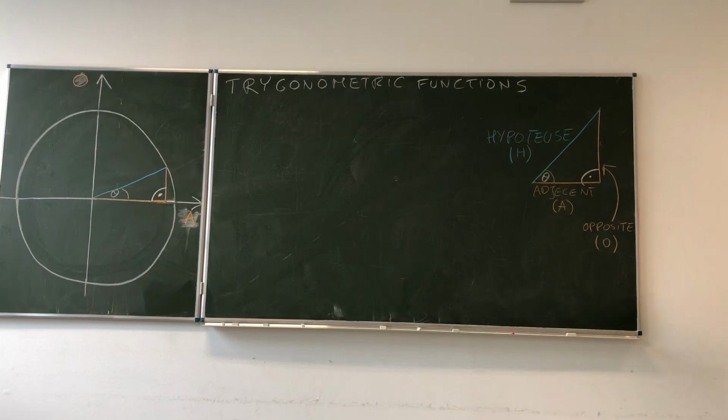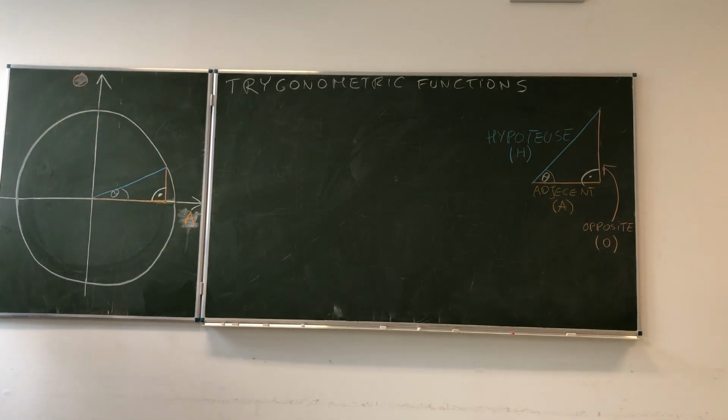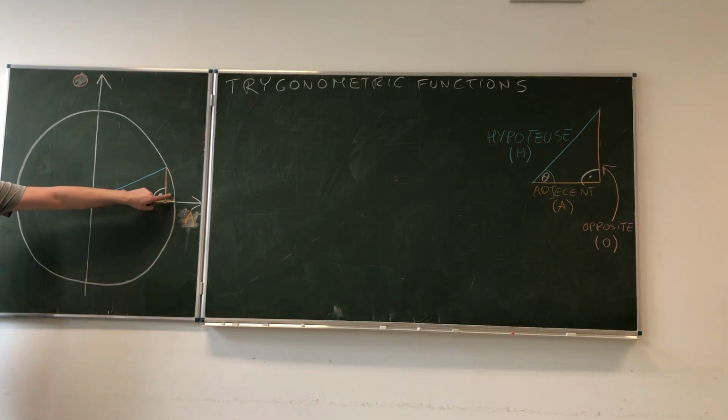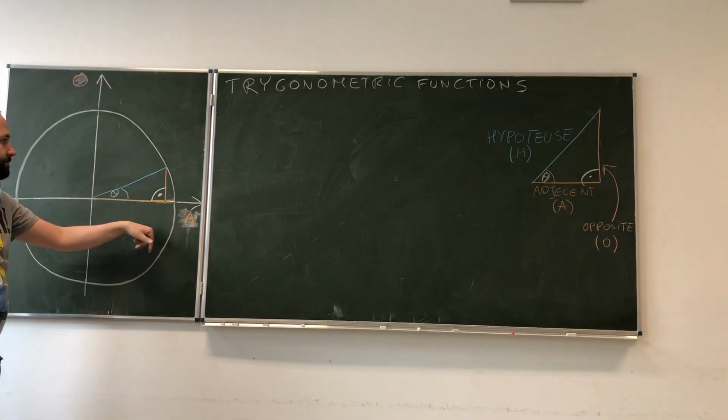I will actually need this part of the blackboard, so I will have to erase it. And now let me explain how everything's going to work. Look, imagine that we are going around the circle, and we are going counterclockwise, right?